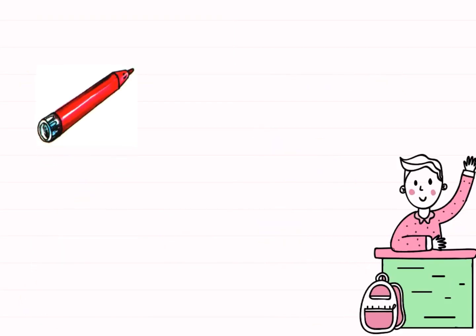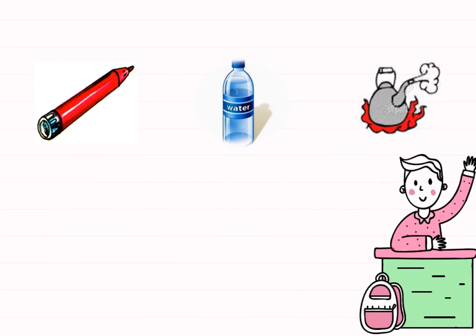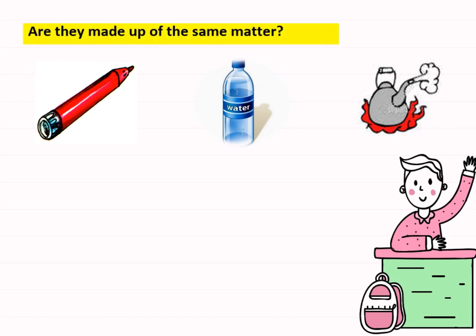Now I need you to think with me. Is the matter that makes up a pencil the same as the matter that makes up water? Same as the matter that makes up water vapor? Are they all made up of the same matter? Well, obviously the answer is no. They are different types of matter, or I can say they are different in their state.